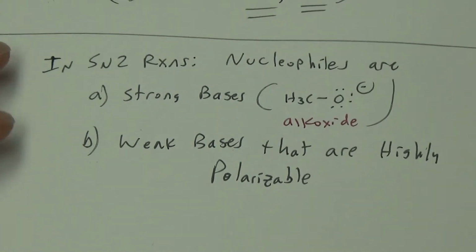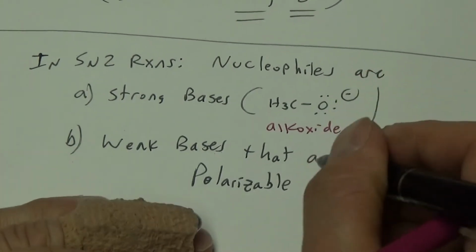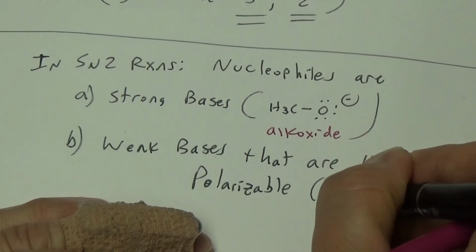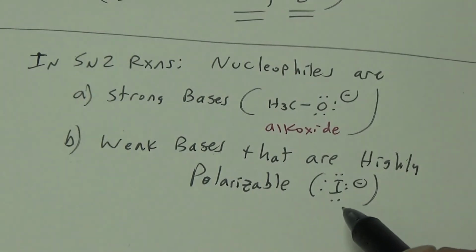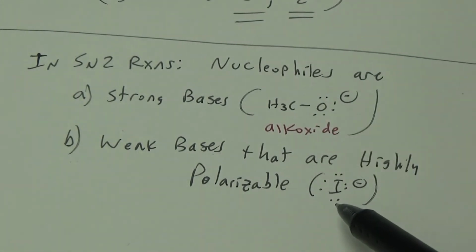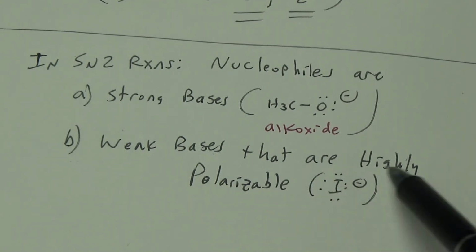Weak bases that are highly polarizable are also going to be good nucleophiles, and I minus is one of those. Terrible base. It's not a strong base. Relatively speaking, this is a much stronger base. But things that are highly polarizable are wonderful nucleophiles, as we're going to learn.